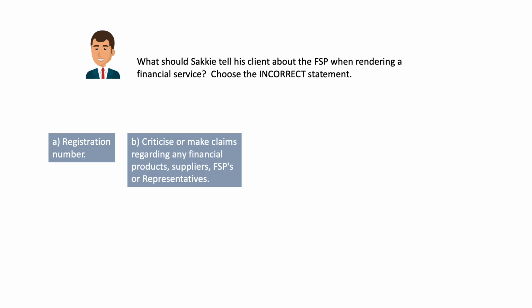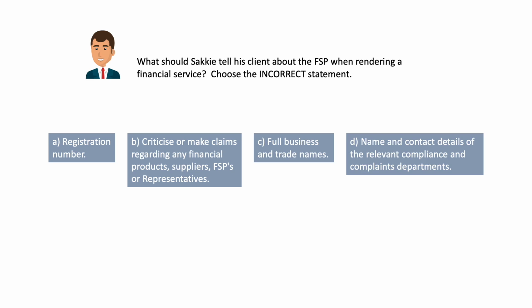B. Criticize or make claims regarding any financial products, suppliers, FSPs or representatives. C. Full business and trade names. D. Name and contact details of the relevant compliance and complaints departments.